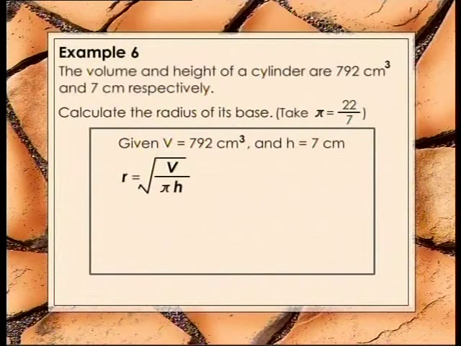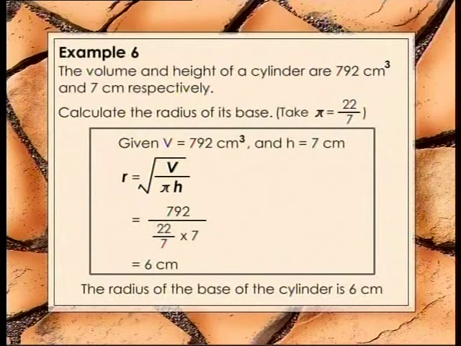R equals the square root of V over pi H equals 792 over 22 over 7 times 7 equals 6 centimeters. The radius of the base of the cylinder is 6 centimeters.